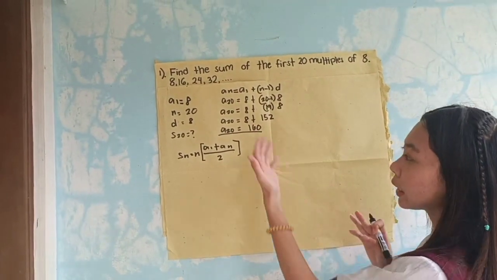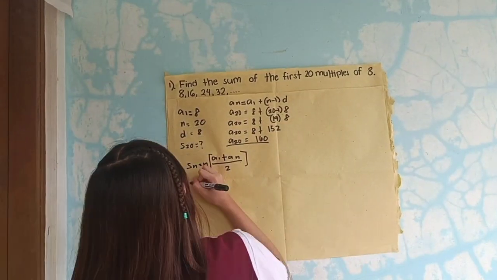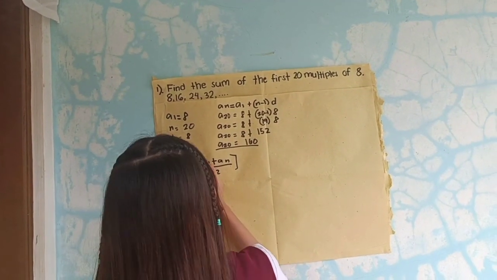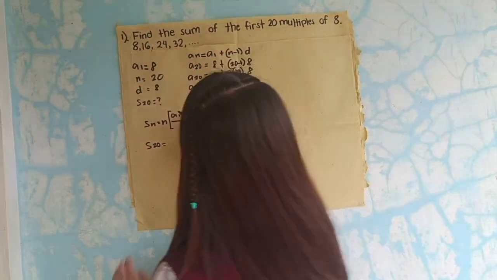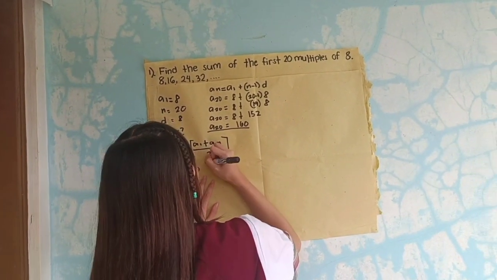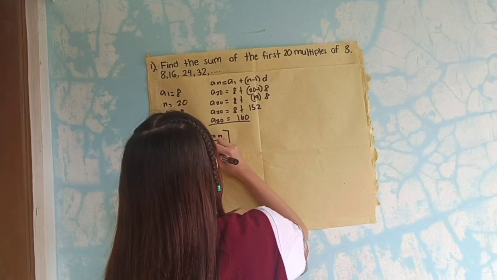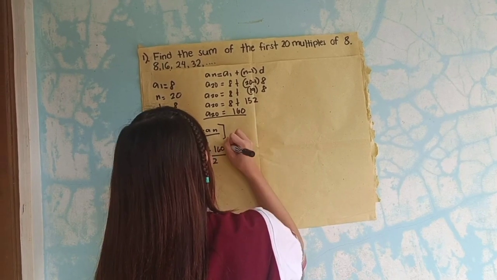Then, katulad ng gagawin natin dito, yung ginawa ulit natin dito. So, magiging S sub 20 is equals to n ay 20. Isa-substitute lang ulit. A sub 1 is 8 plus 160 divide 2.